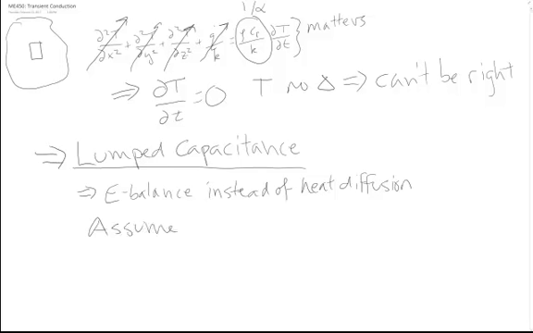And if the object is isothermal, then obviously we're not caring about what the temperature distribution is inside the object, because we're saying that there isn't one, or at least not one that's significant enough to be thinking about. So then the question is, when can you assume this? When are you going to be able to assume that an object is isothermal?